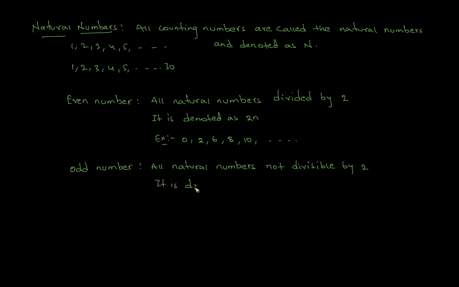It is denoted as 2n plus 1 or 2n minus 1, right? Example: 1, 3, 5, 7, 9, and so on. These are called the odd numbers, right? Now we see some properties of even numbers and odd numbers.